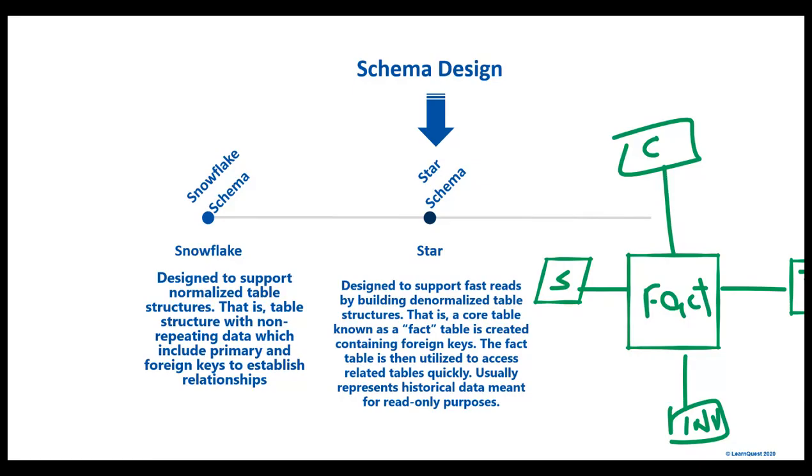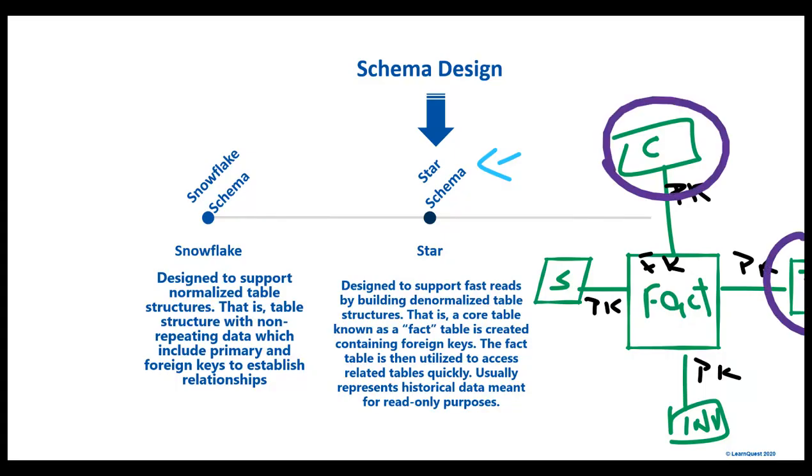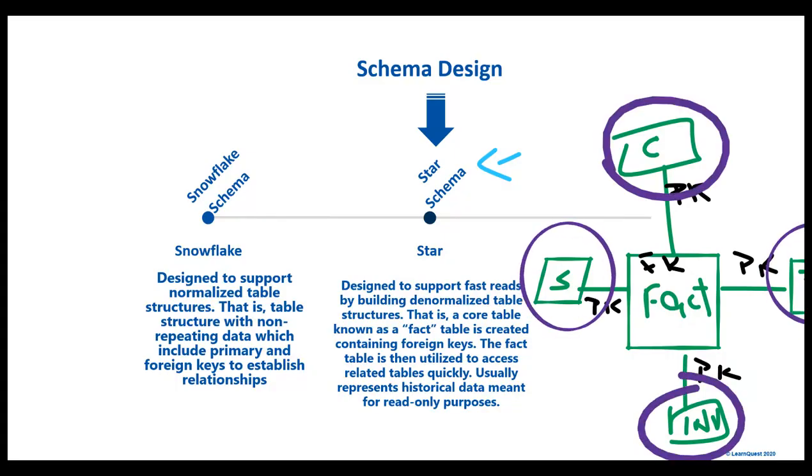The fact table contains within it a bunch of foreign keys. And those foreign keys are related to the primary keys, which exists in the related tables, which essentially means that when you're doing a search, when you're doing a query against a star schema, you'll be able to get from the fact table to any of the other related tables with one hop, as it's called.